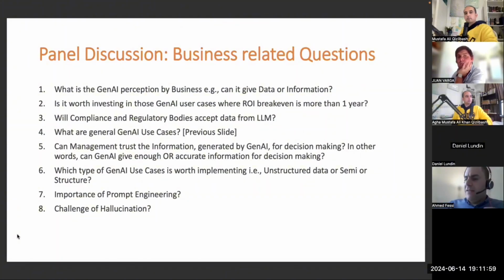One of the questions is the regulatory part, how this is being addressed. It is important to note that there are 2 parts to it: if you are building an AI or if you are using an AI. If you are building an AI, you might be subject to certain regulation like the EU AI Act, where you have a classification of the risks. There are some use cases that are prohibited, like facial recognition.